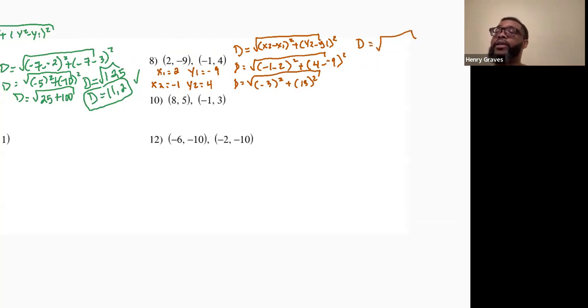So the distance would be the square root of 178. So my distance will be, gosh, I'm having some issues with my calculator. Got it. It's 13.3.